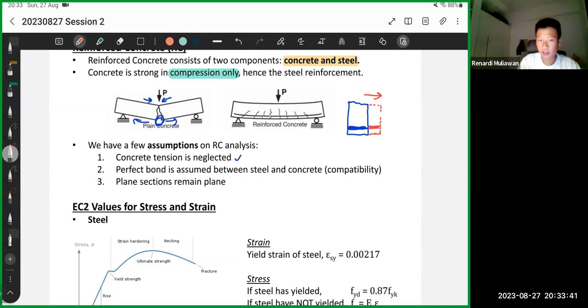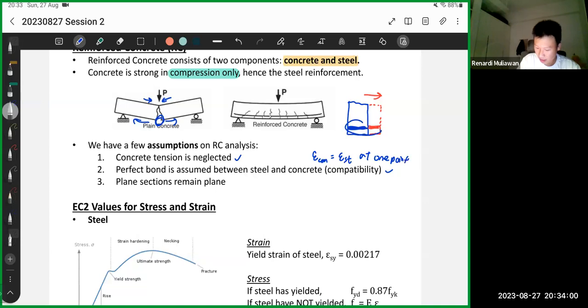In reality, of course, there's a little bit of slip, but when analyzing, we assume there's a perfect bond. So the strain of concrete is the same as the strain of steel at one point.